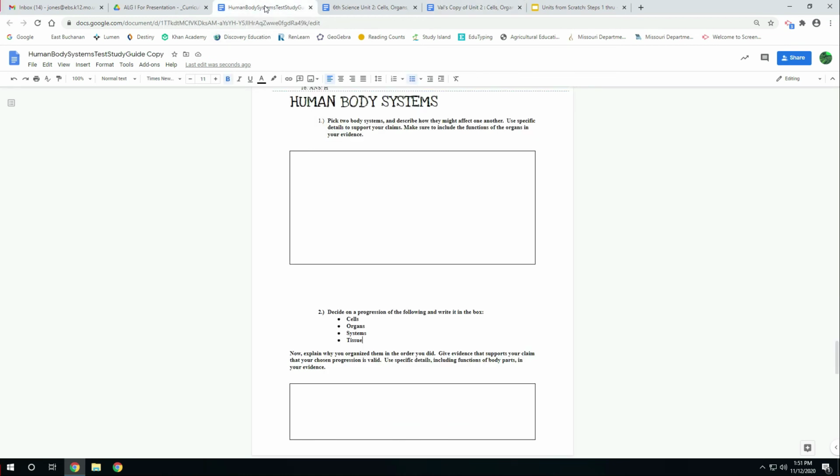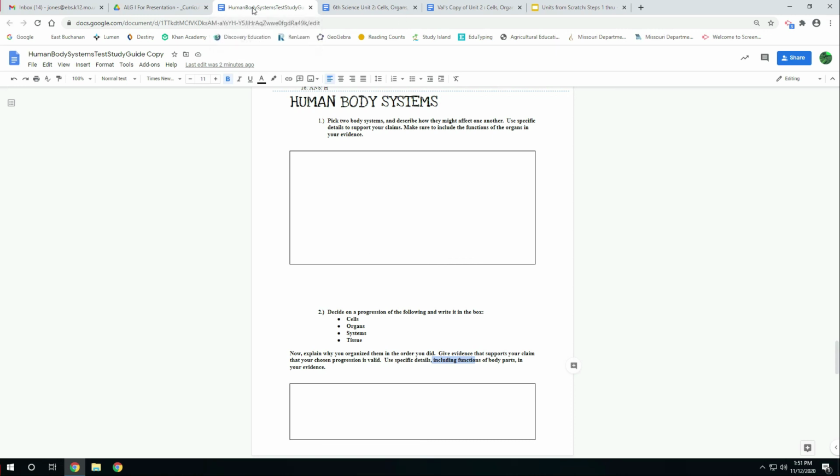And so then the last part of this is my question. So here is support your claim with evidence. And here's another one. This is develop a claim and support it with evidence, including the functions, based on complexity or something even more complex.